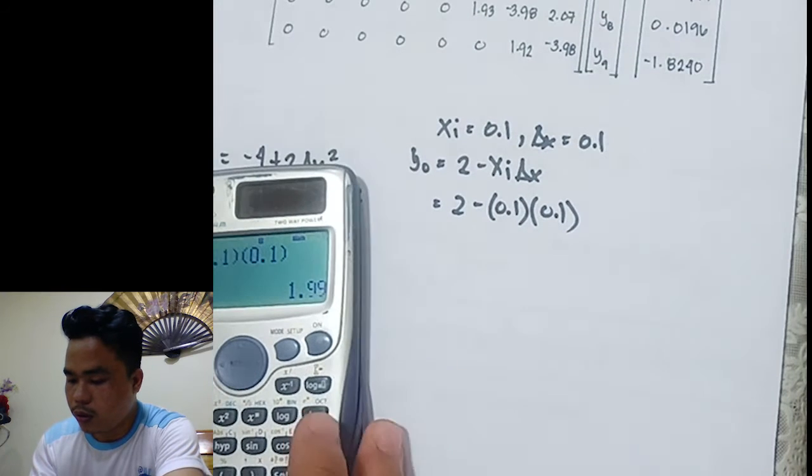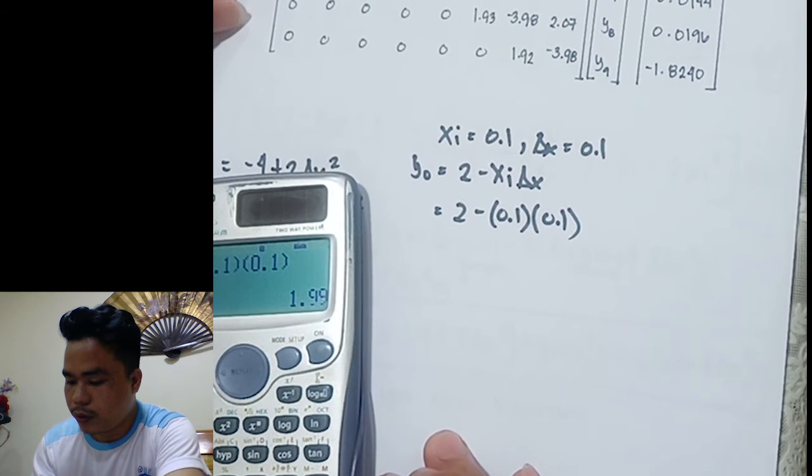The answer is 1.99, because in the matrix, 1.99 is in this location.